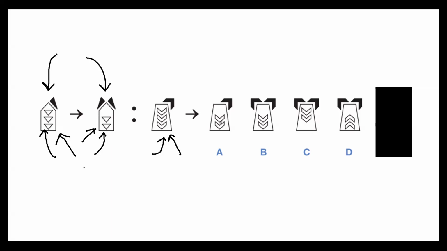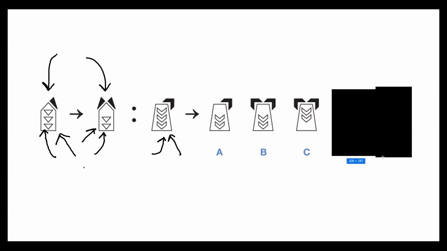So it could be A, it could be B, it could be C, but it can't be D because D does have the right shapes, but they're pointing in the opposite direction. They've been rotated, and they shouldn't be rotated. So we can get rid of D. All right, 3 options left. Let's go to Gosima. Gosima, can you tell me something else that you've noticed?